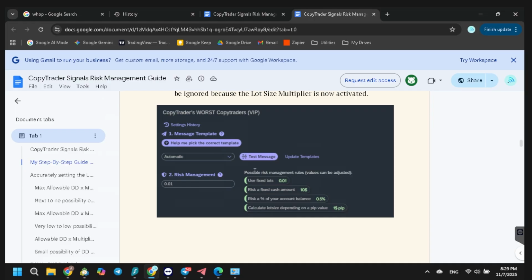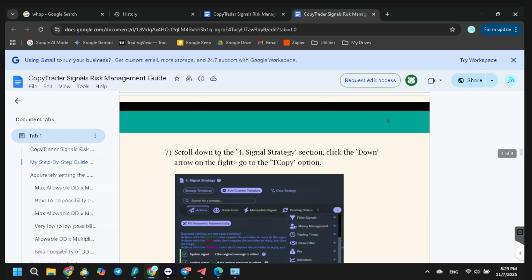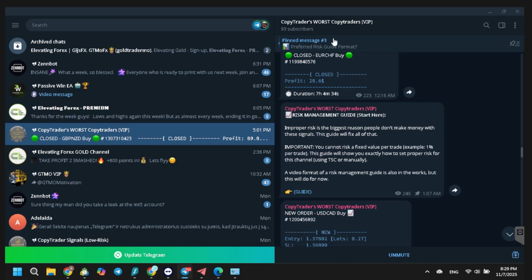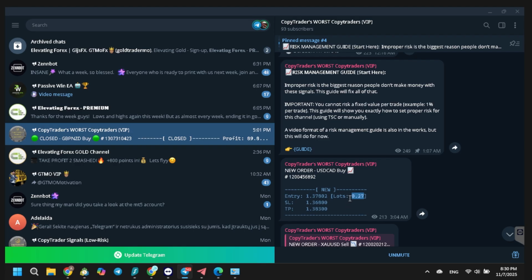You should ignore the front end risk management, at least for this particular example, because the real risk management comes from the tab called T-Copy. Now, why is that important? If we go back to the Worst Copy Traders VIP, each trade comes up with predefined lot sizes.